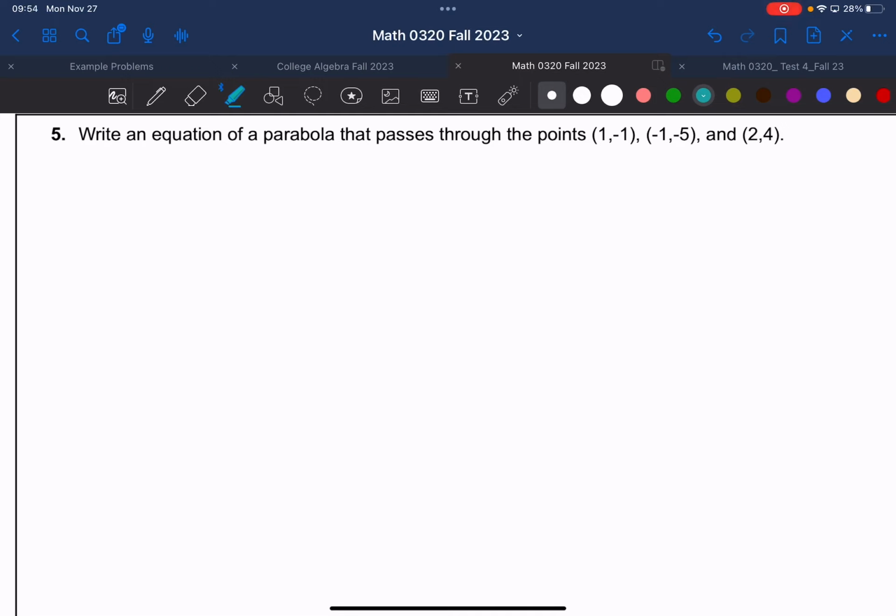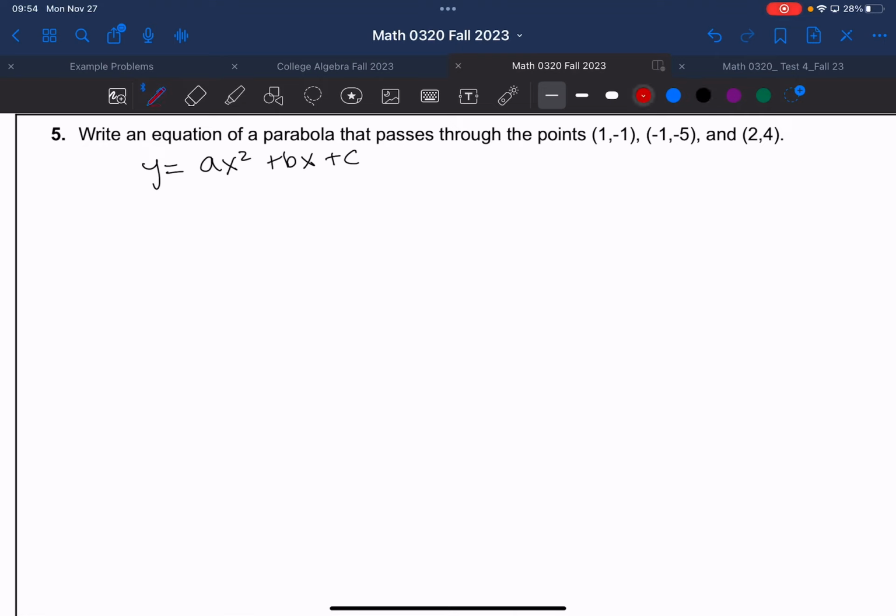So we know that the standard form of a quadratic equation is y is equal to ax squared plus bx plus c. Okay, because it says write an equation of a parabola. A parabola is the same as saying a quadratic equation, so that's how we know to start with that standard form. Okay. We're going to go ahead then and we are going to label each of these points.